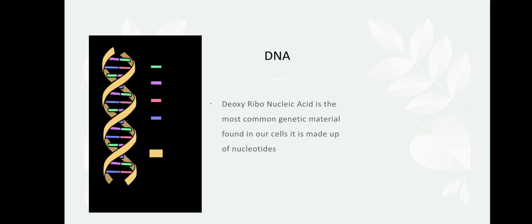Now, the chromosome is made up of DNA. We have already discussed in class 8th and 9th that chromosomes are made up of DNA. DNA, when linearly arranged, forms a chromosome. Now, DNA is made up of nucleotides. What is the full form of DNA? Deoxyribonucleic acid. It is made up of nucleotides. What do we understand by a nucleotide?